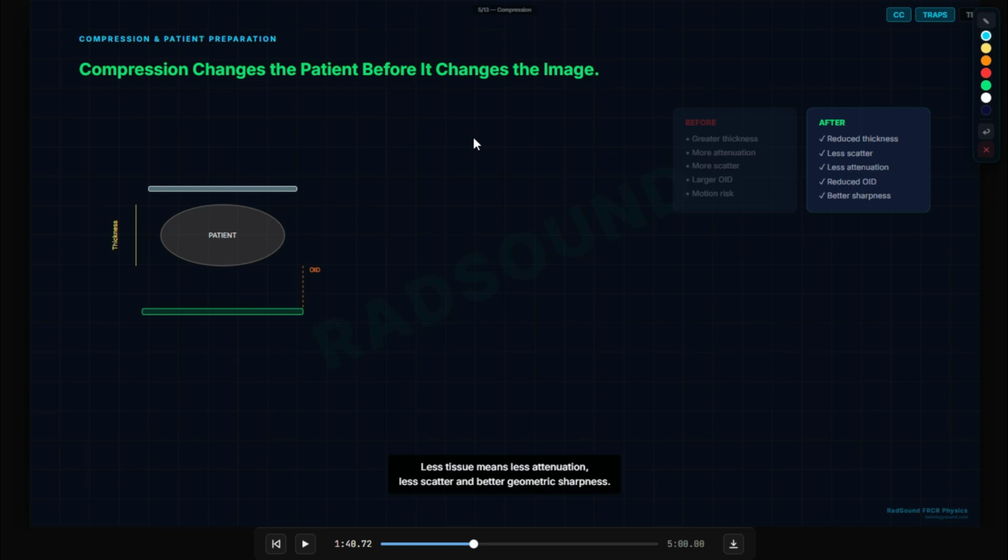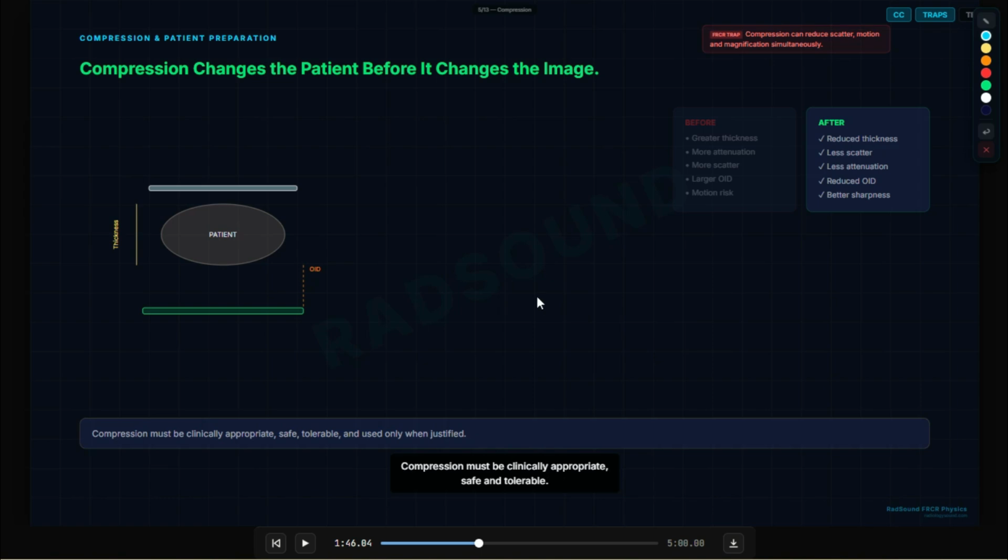Overall, the scatter will be less and the sharpness of the image better, and in the end we have a better remnant beam reaching the detector. So compression must be clinically appropriate, safe, tolerable, and used only when justified. It is mostly used in mammography.